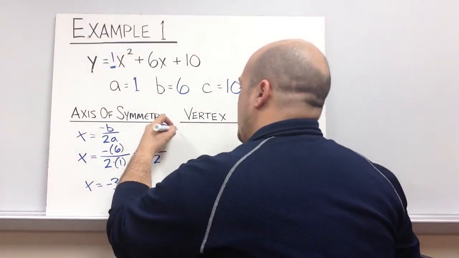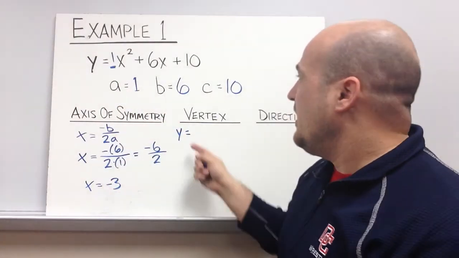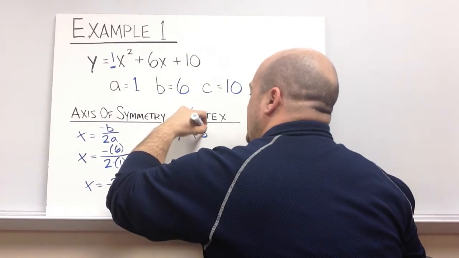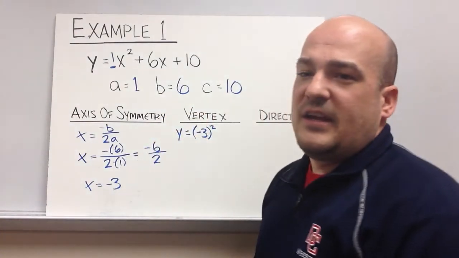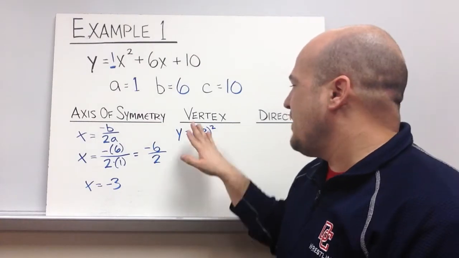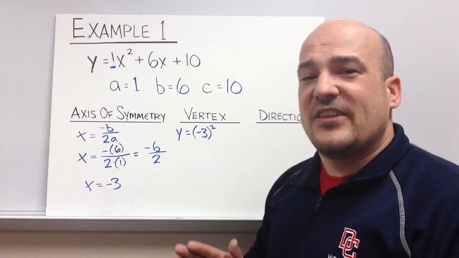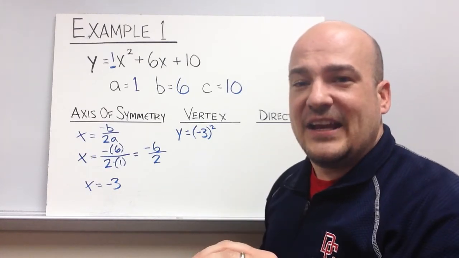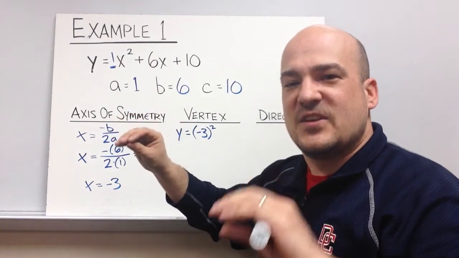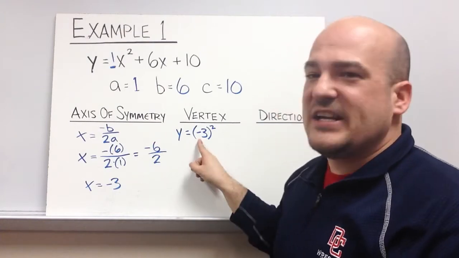Check it out. Y equals, and this is the important part, my x I'm going to put in parentheses. So I'm going to do negative 3 squared. It's important that I take a second to explain that. If you type in negative 3 squared without parentheses, your calculator thinks negative times 3 squared. And 3 squared is 9, so it would be negative 9. That's not what we're trying to describe here.